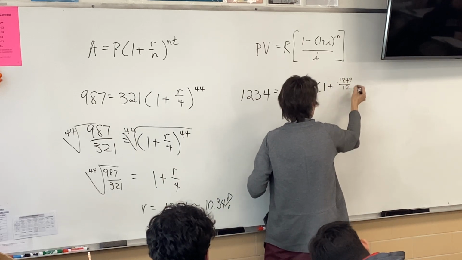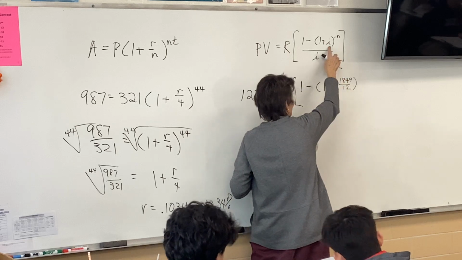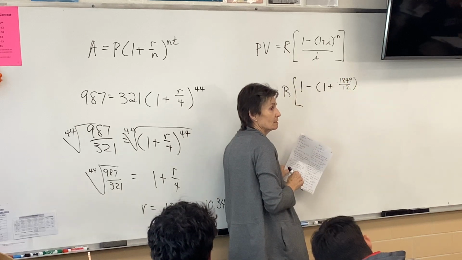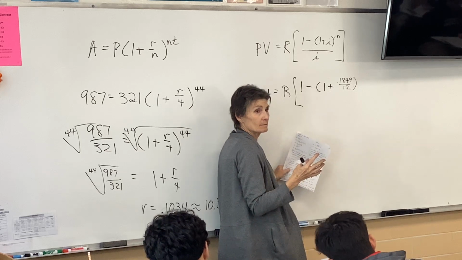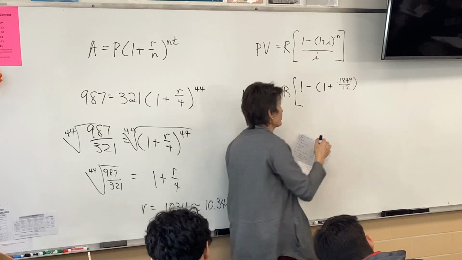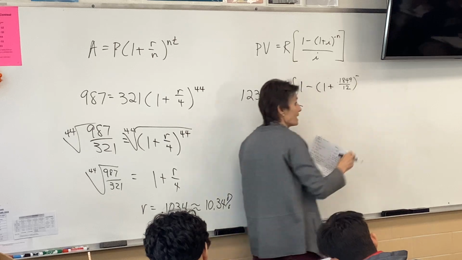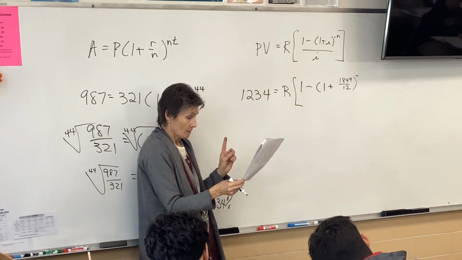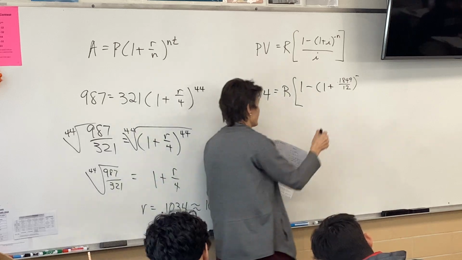Remember, in this formula, you have to divide your interest rate by the number of payments you make a year. It's a little different, so you gotta practice it to get used to it. And that's gonna be to the negative what? 4 times 12, 48, okay.